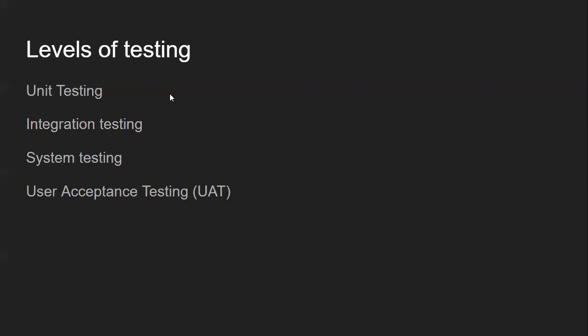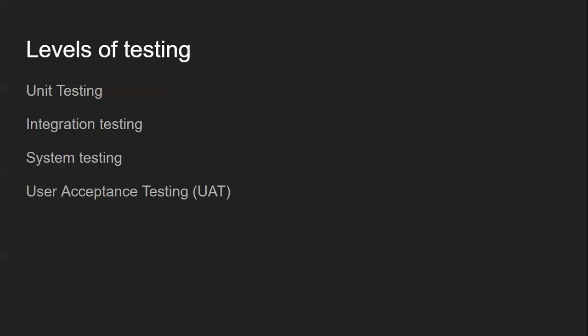Now, integration testing is also performed by developers, and this involves the testing of code as well. Because here again the internal logic and implementation is known and exposed, it's a part of white box testing. System testing and user acceptance testing, on the other hand, are conducted by the testing team.